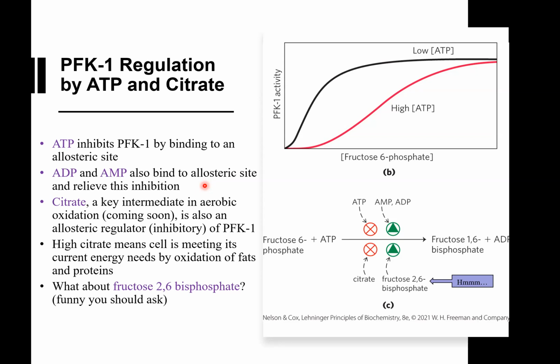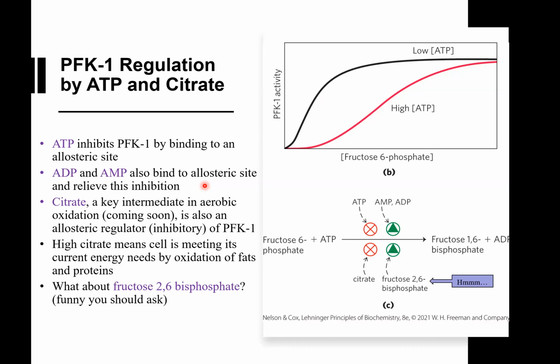What would high concentrations of ATP signal? Enough energy. Plenty of energy, right? Do we need to be going forward with glycolysis if we have large amounts of energy at our disposal? No, I mean, ATP is a product of glycolysis, right?